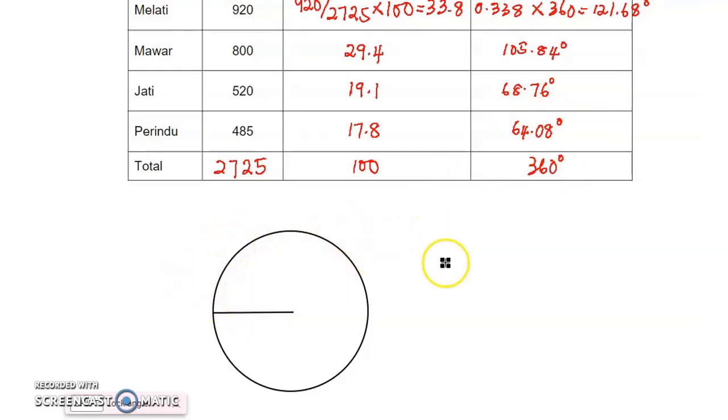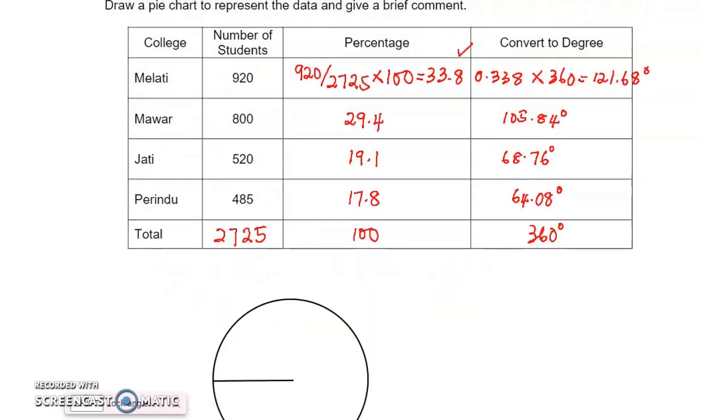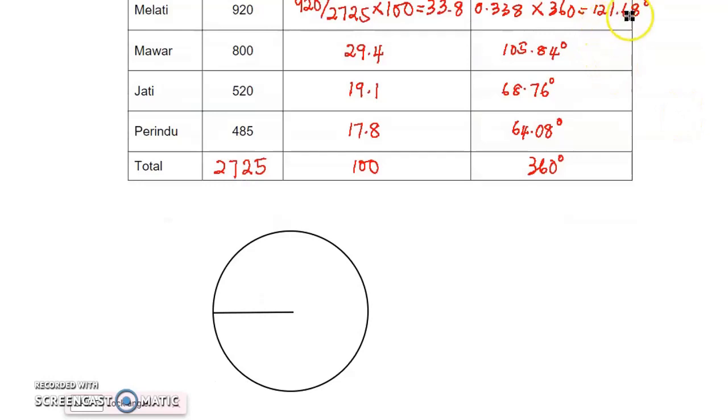This one I just estimate. Let's say for Melati the degree is 121.68. If you take your protractor, from here up to here will be 180, right? So let's say Melati, I read it as 122 degree.